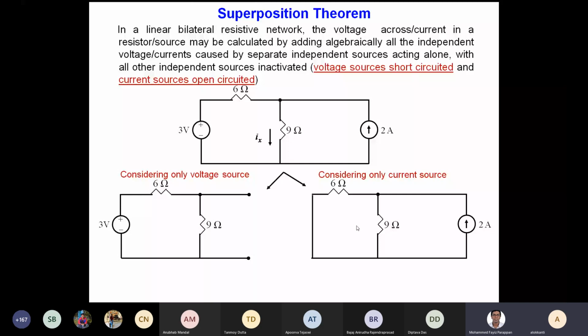Okay, for which case are you talking, the first case or the second? Considering the voltage source or the current source? Sir, if in the question, along with the 2 ampere current source in the second loop, some additional resistance is also there. Yeah, let there be resistance. What is the problem? No, we will only open circuit the source.